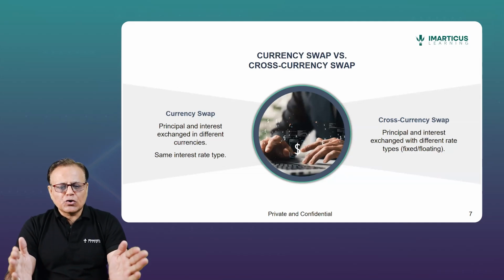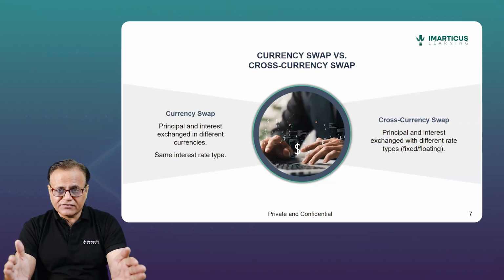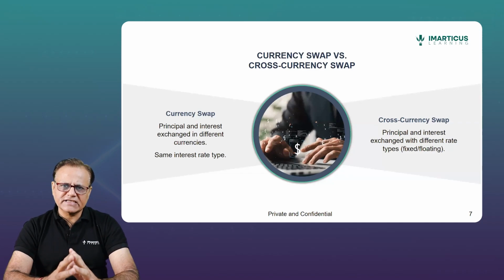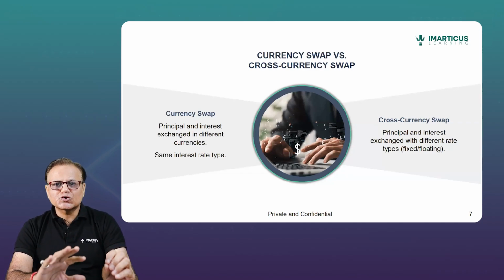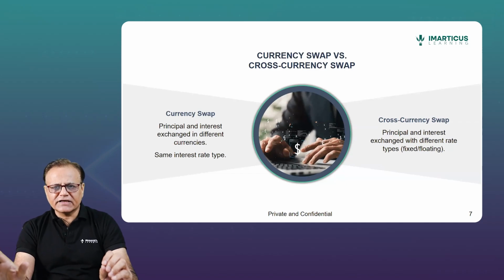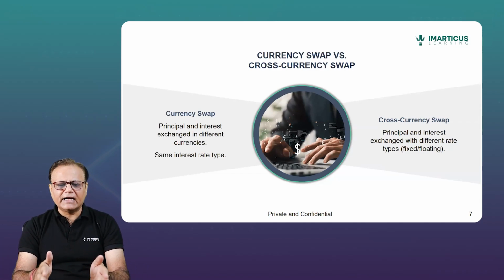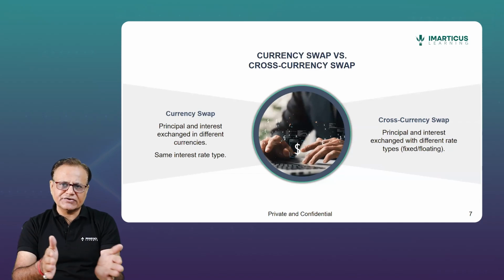Because these two parties in their respective economies or countries are having to pay their own interest rates, but for whatever reasons, and I'll discuss the reasons as well, they need to swap and take advantage of the other currency because of their expansion plans or whatever, which means that they have to get into a contract and swap these interest rates.